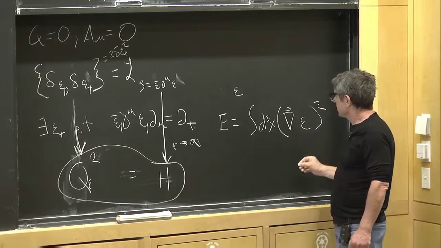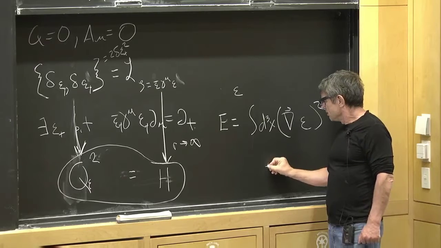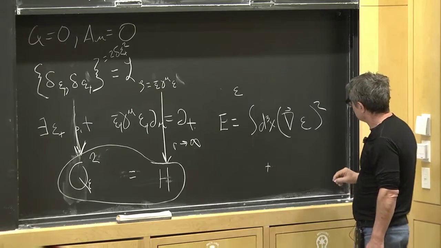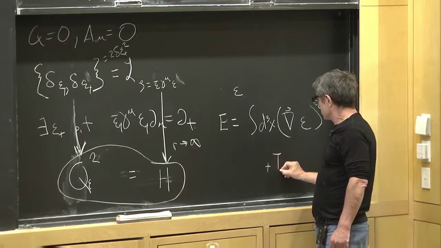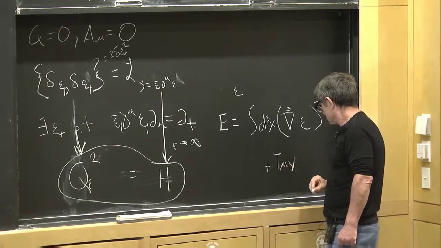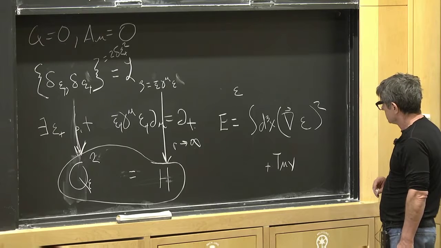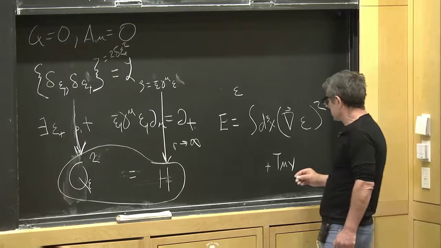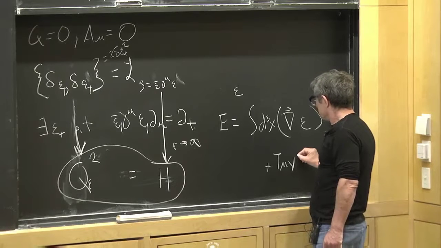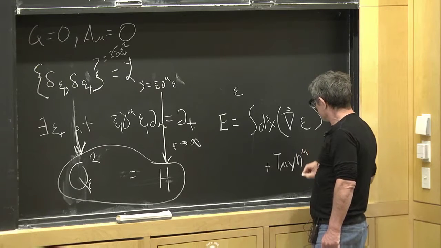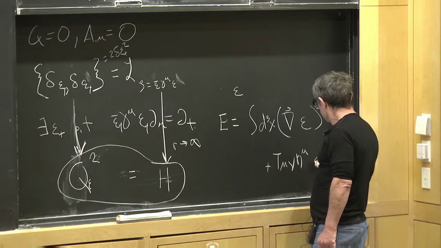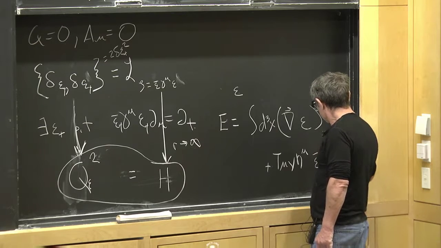And you have a gradient of epsilon squared plus something that looks like T mu nu n mu, where n is the normal to the slice, epsilon bar gamma nu epsilon.